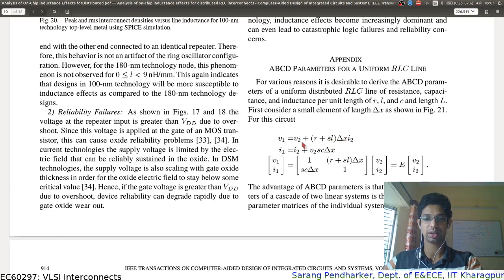V1 minus V2 is equal to R, the impedance, into I2. This is the expression which we had, and this is also the expression which we had. They have now converted it to differential equations. For an infinitesimal section, you can write the relation between voltage and currents, and then that can be represented in terms of a matrix like this.